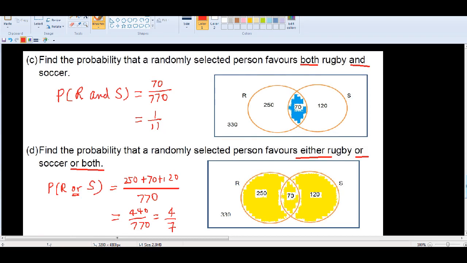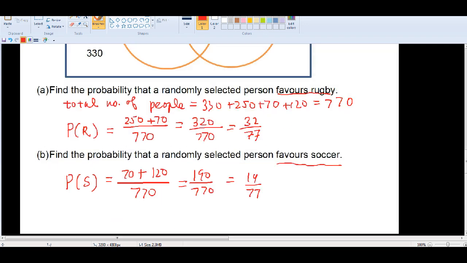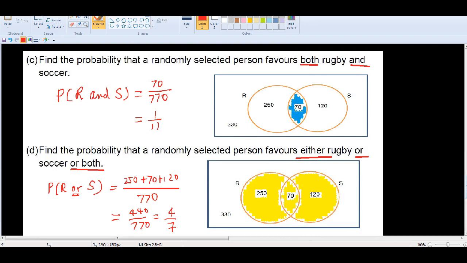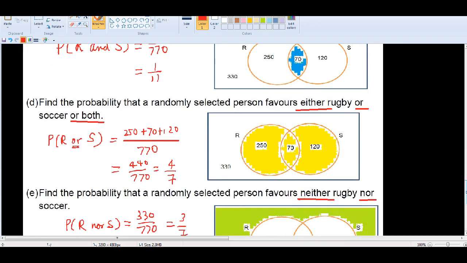But before that, of course, you have to construct the Venn diagrams successfully. And for events using or, you need to consider all the areas, all the numbers within the 2 circles, whether they are overlapping or not. Sometimes they might ask you for neither of the 2 events, so it should be the outside of the 2 circles.